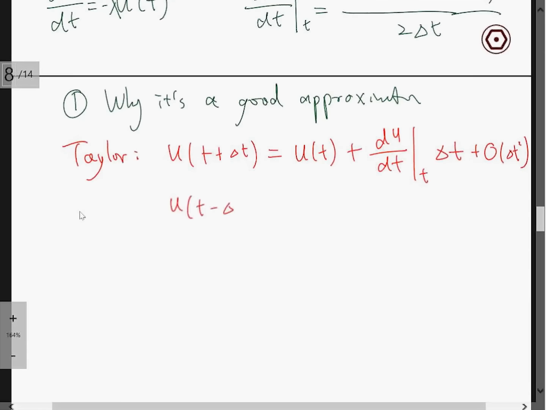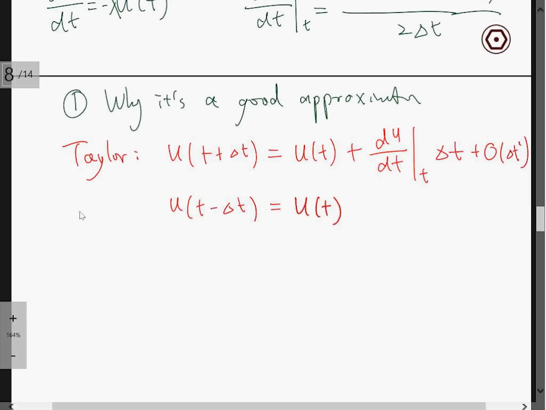And u at t minus delta t, how do I expand that? Good. It's the same thing except the distance between t minus delta t and t is minus delta t.